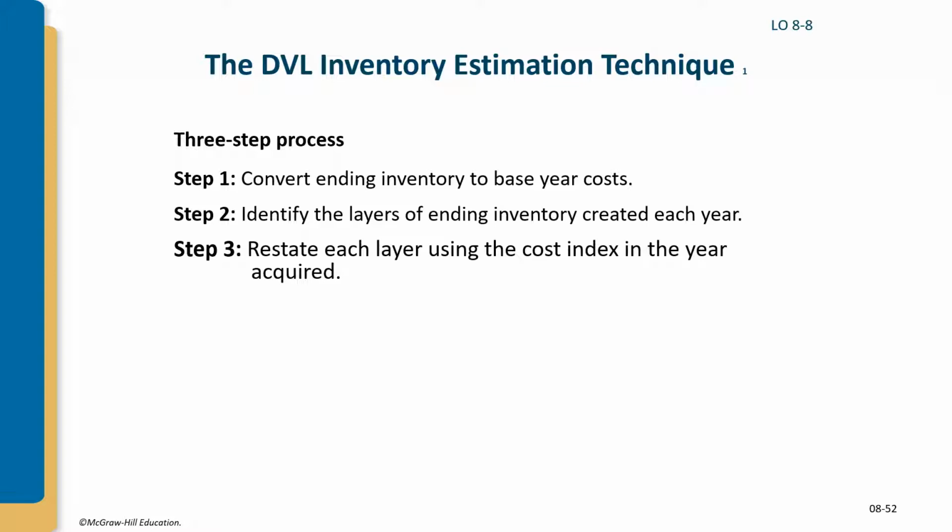So now we can compare this year's ending inventory to our base year to see, did we have more inventory added, or was the inventory higher because prices went up? We'll show you this. It's kind of weird right now.